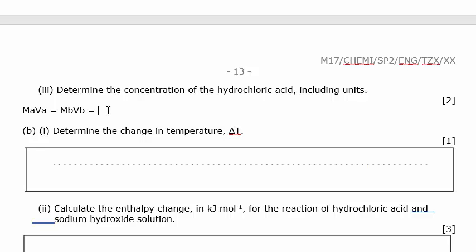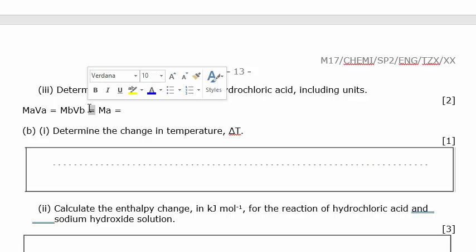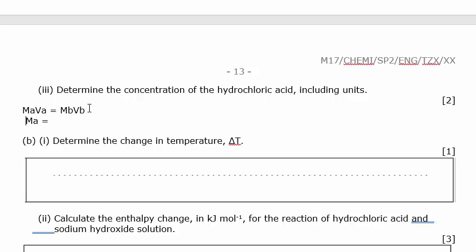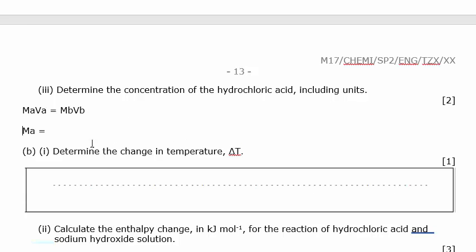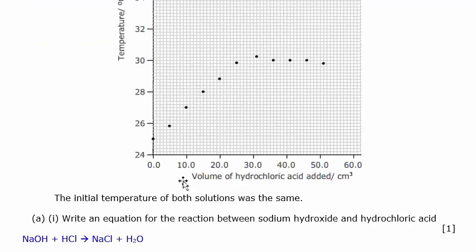And we know the sodium hydroxide, the MaVa, we know Va, so we've got Ma, the molarity of the acid, will equal to, actually I'm not going to put an equal sign there, Ma, the molarity of the acid must equal MbVb over Va. What are we adding to what? We're adding acid to the sodium hydroxide.